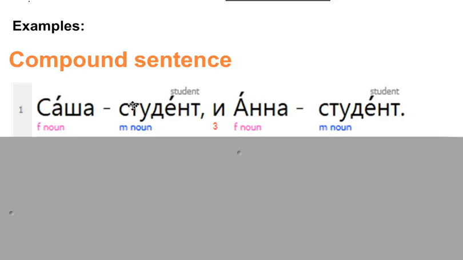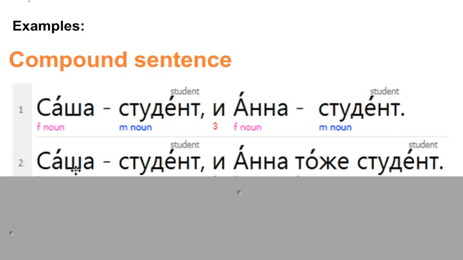So you see the compound sentence here. Саша студент, comma, и Анна студент. So you see two sentences together in one. We call it a compound sentence, and it has и, and, in between.